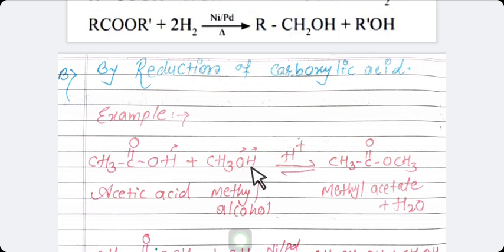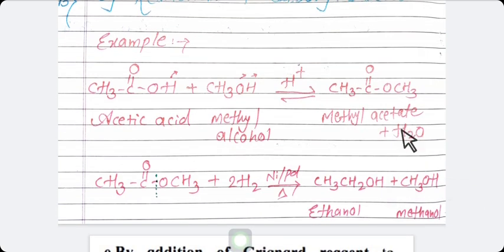OH and H both react together and form a water molecule, and the remaining compound forms the product CH3C=OOCH3. It is ester, RC=OOR, means CH3C=OOCH3.